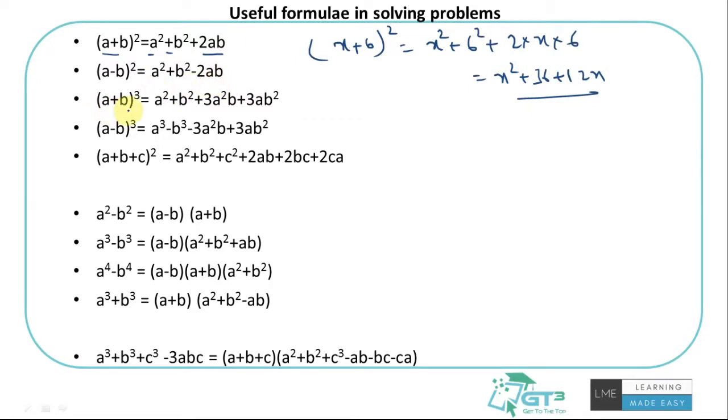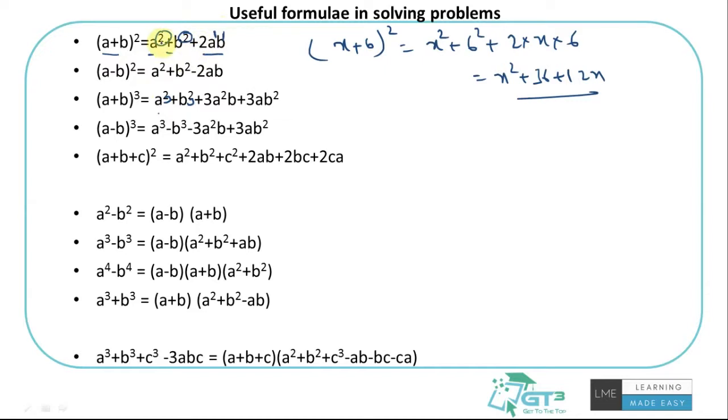Right? Then a plus b whole cube. So that is a cube plus b cube plus 3a square b plus 3ab square. You know, that goes like this: 3 into a square into b plus 3 into a into b into b. So if you are confused, you see these formulas are set in such a way that in a square the power is 2, b square the power is 2, a power 1, b power 1, so 1 plus 1 is again 2.